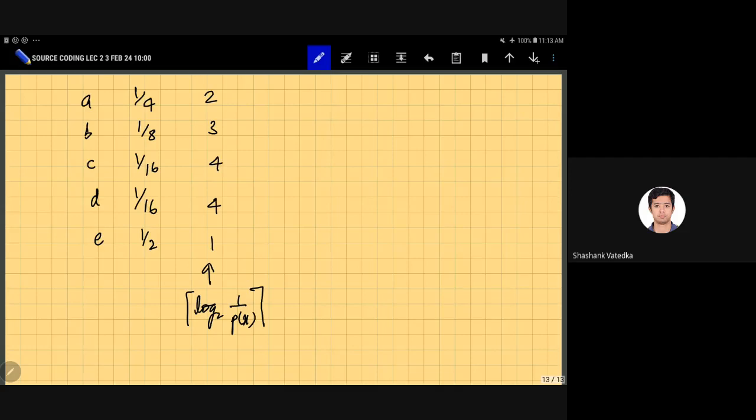Okay. So now we want to construct a code with these code word lengths, right? So how do I do this? I'll take the complete binary tree of depth equal to L max. What is the maximum length in this case? It is 4. Right? So let's look at the tree of depth 4.